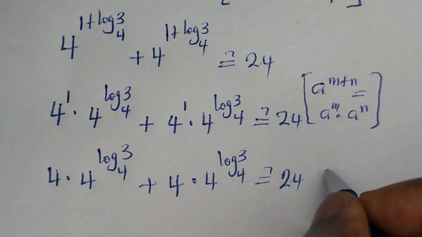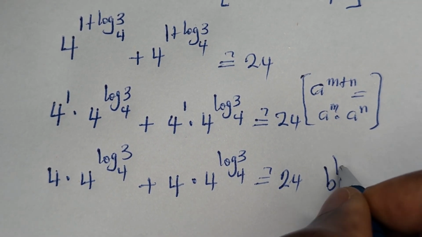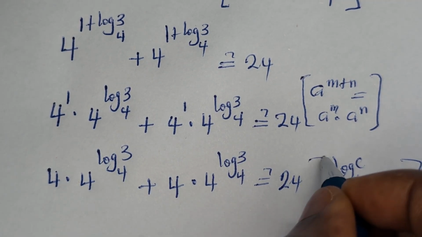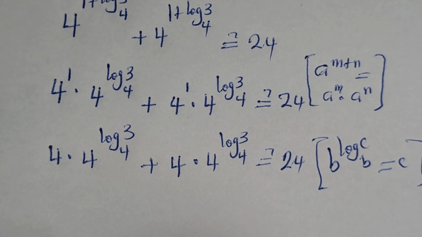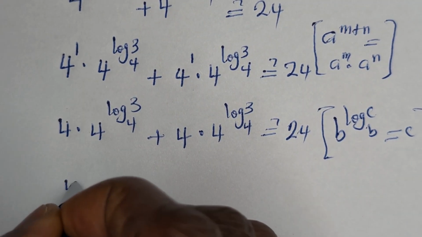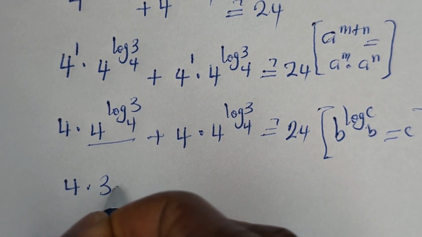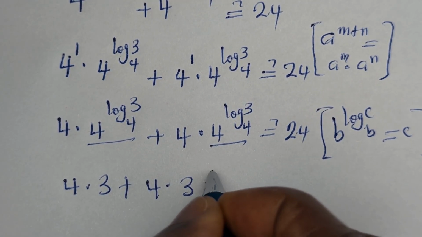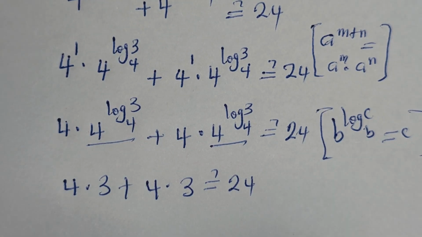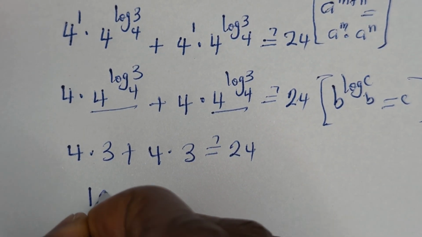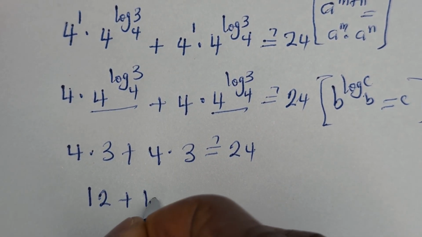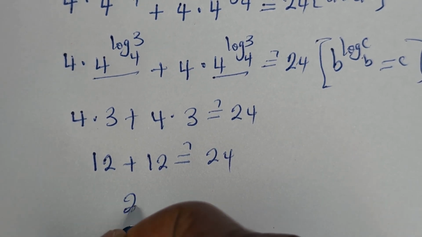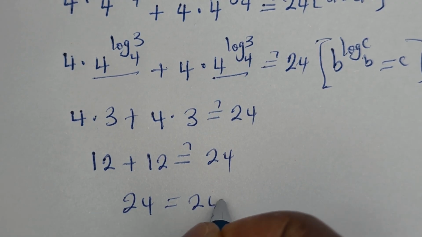If you have b to the power of log c base b, this is equal to c. Now here we have 4 multiplied by 3 plus 4 multiplied by 3 must be equal to 24. Now 4 times 3, this is 12 plus 4 times 3, 12 must be equal to 24. 12 plus 12, this is 24, is equal to 24, which is true.